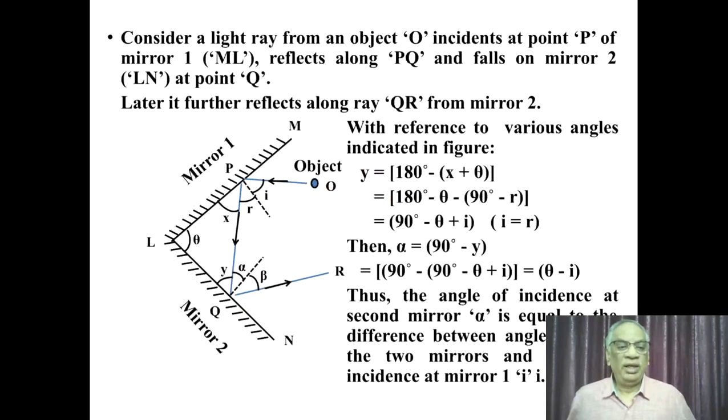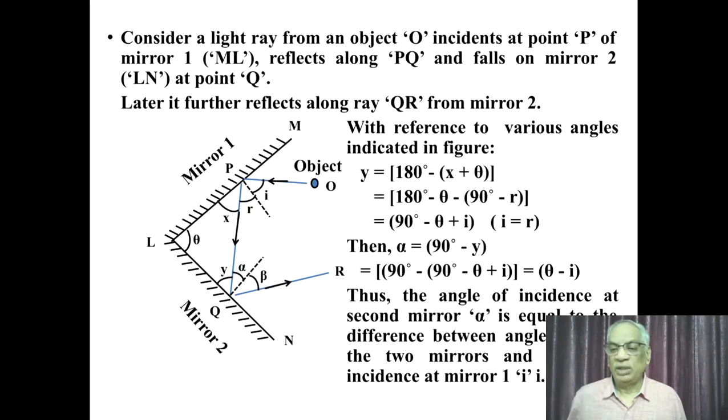Consider a light ray from an object O striking a mirror at a point P of mirror 1, ML, and reflecting along PQ and falling on mirror 2, LN, at point Q. So from point O, light falls on mirror 1 at point P and gets reflected back to mirror 2. From mirror 2 at point Q it is incident, and from there it reflects back along QR.